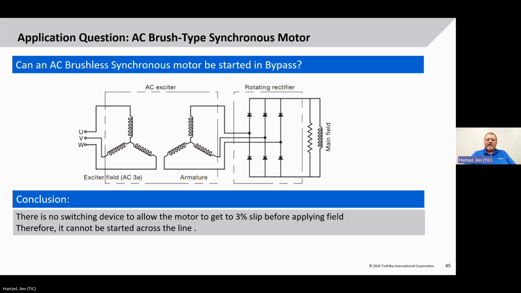I want bypass. I want to be able to start it all on bypass. And as you can see, we have no way of holding off until it's up to speed and sensing when it's at 97% speed to do it. So basically, we can't do the bypass on the AC brushless.